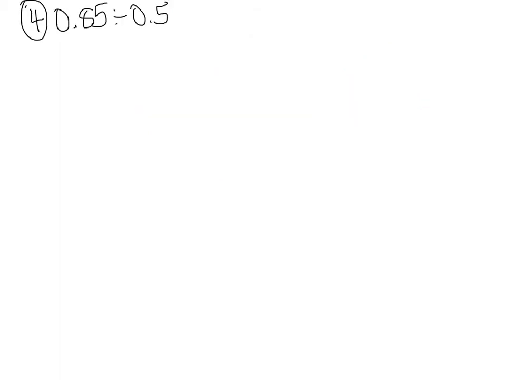All right, number 4 is 85 hundredths divided by 5/10. So I'm going to write my problem. Now I am ready to divide. I'm going to make this a 5 instead of 5/10, and then this becomes 8 5/10.